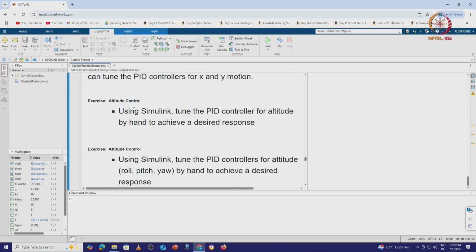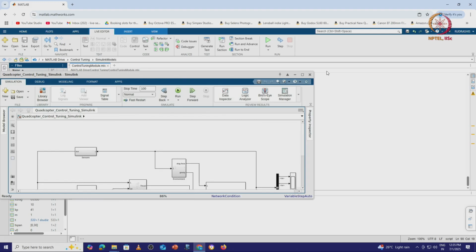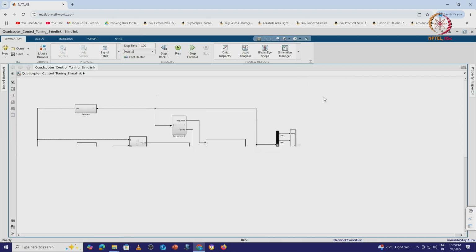We'll be sharing the Simulink files, right? You can try Simulink, tune the PID for altitude to the desired response. For example, I can open the model, right? I can look at the realization.